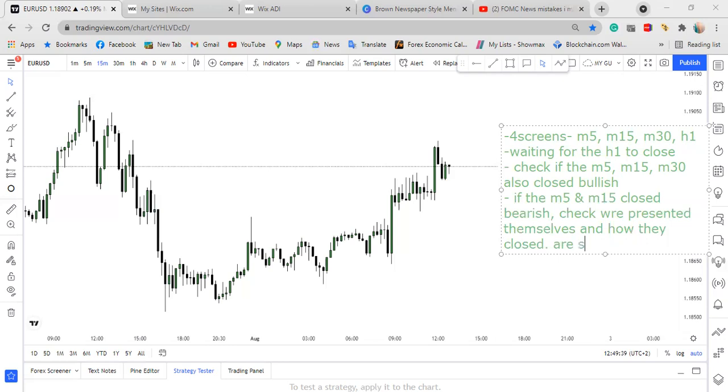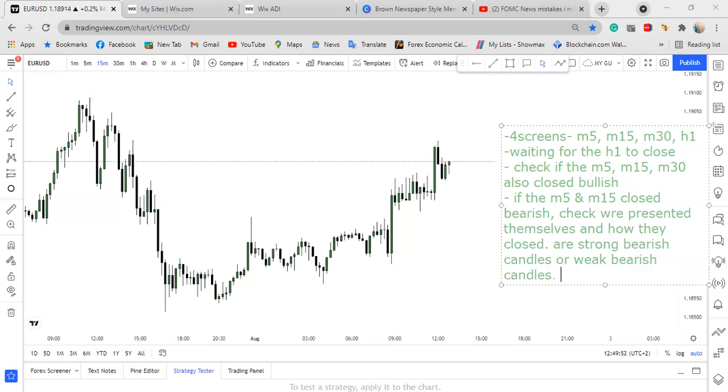Are they strong bearish candles or weak bearish candles? What you want is a weak bearish candle, a very weak bearish candle that's rejecting support that could push price higher.